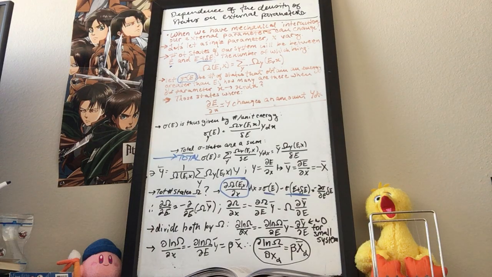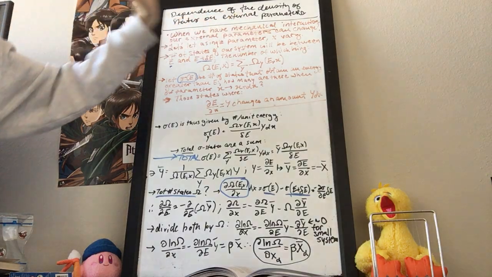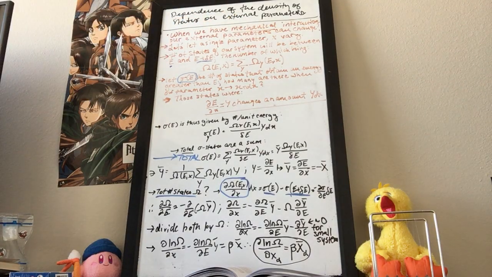And then he begins to beg the question in 3.8, what if we consider some sort of mechanical interaction instead of some sort of thermal interaction? So he says, let's just start off by picking some sort of single parameter, x. And x here can vary.